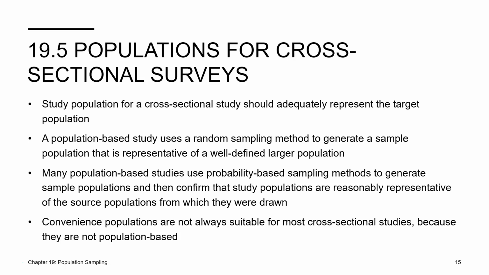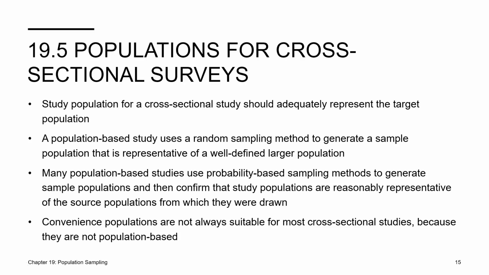So many population-based studies use probability sampling methods and complex sample designs to generate sample populations and then confirm the study populations are reasonably representative of the source population from which they are drawn. Sometimes they may oversample people with certain characteristics in order to be more representative of that population.